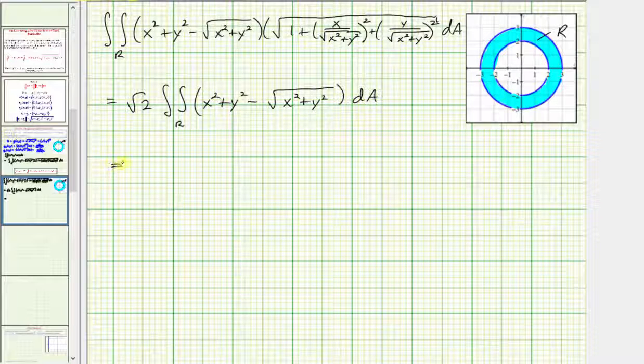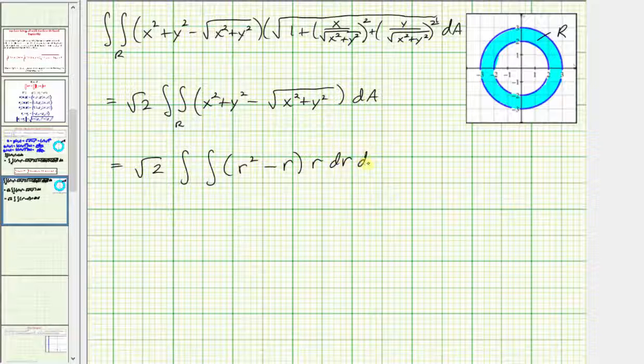So in polar coordinates we would have the square root of 2 times the double integral over the region R of r squared minus the square root of r squared, which would just be r, and differential A is equal to r dr d theta.